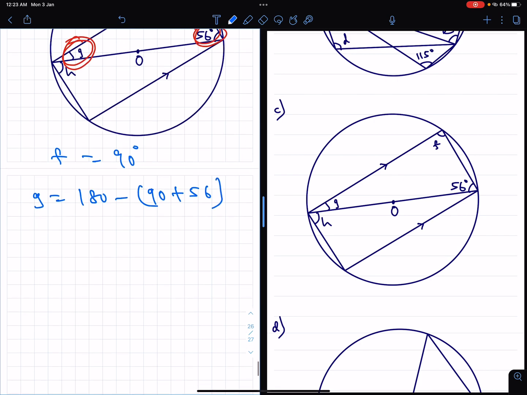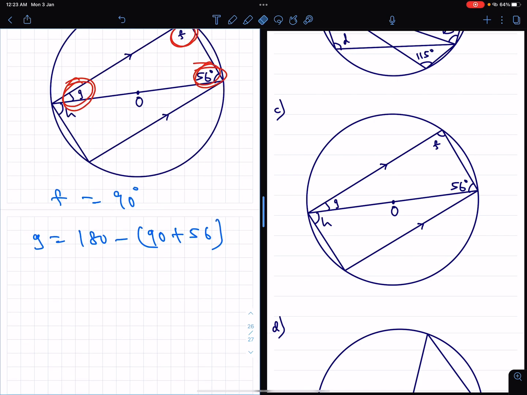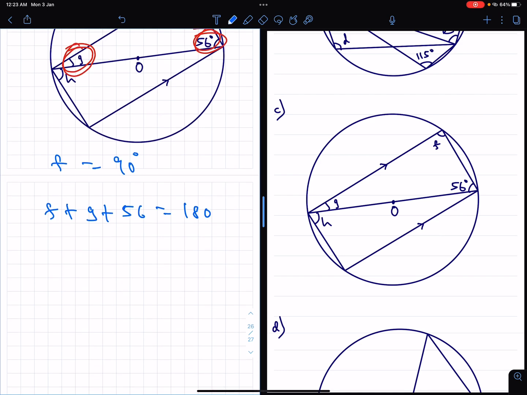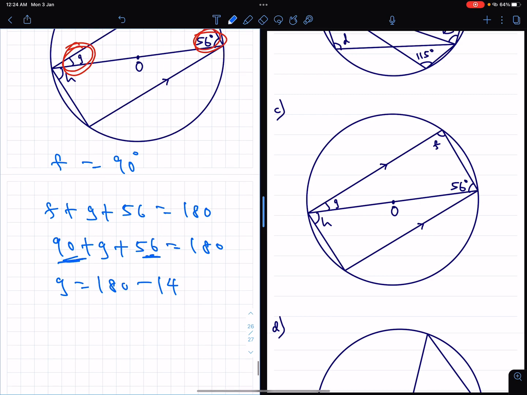F is 90, so 90 plus G plus 56 equals 180 degrees, sum of angles in a triangle. 90 plus 56 is 146 degrees.